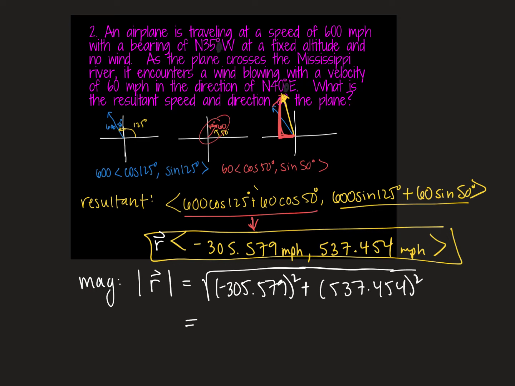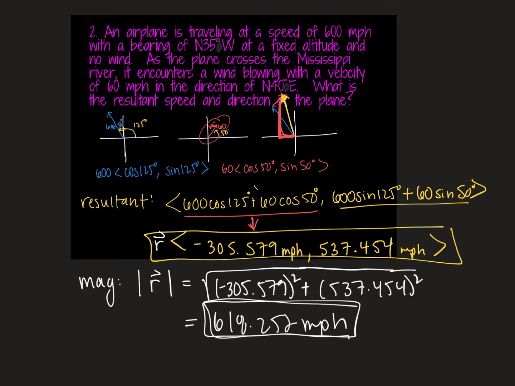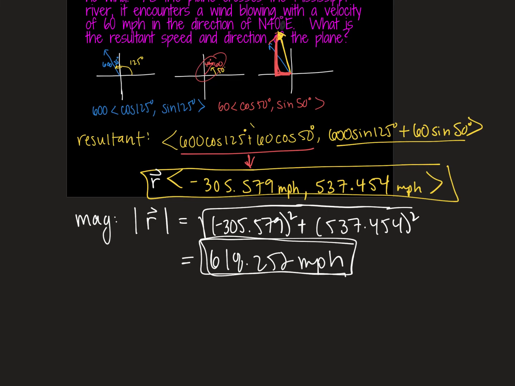That gives me a magnitude of 618.252 miles per hour. And that hopefully makes sense, because that's the hypotenuse of that triangle.